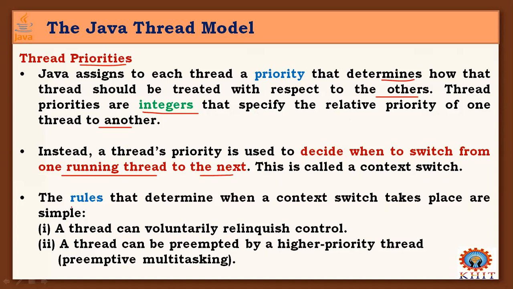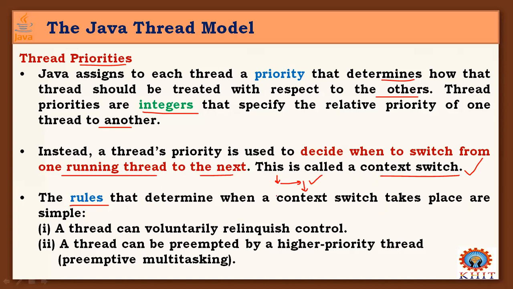Context switch is nothing but this: if you're executing one process and an interrupt occurs, it goes to the interrupt handler to handle that execution.